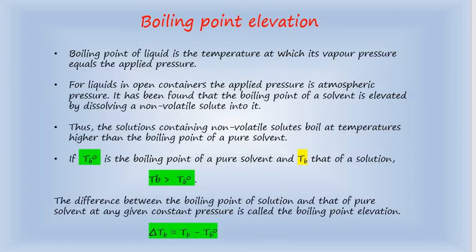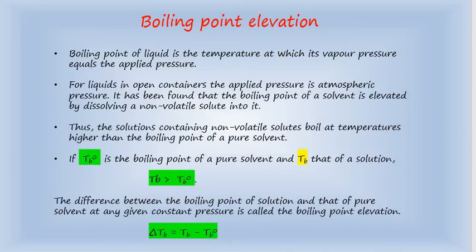If I am saying that the solvent is having a boiling point, let's suppose 100 degrees Celsius, and as I am adding one solute into it, its boiling point would be elevated. How is it elevated?